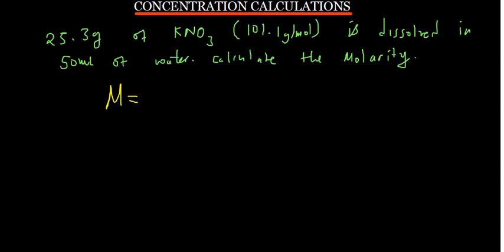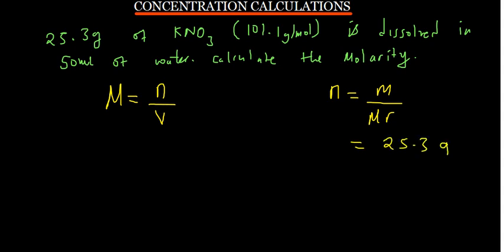Molarity is equal to number of moles over volume. But we haven't been given the number of moles here. We also know that number of moles is mass over molar mass. So the mass is 25.3 grams, the molar mass is 101.1 grams per mole. So the grams and the grams will cancel, so the answer is going to be in just moles.